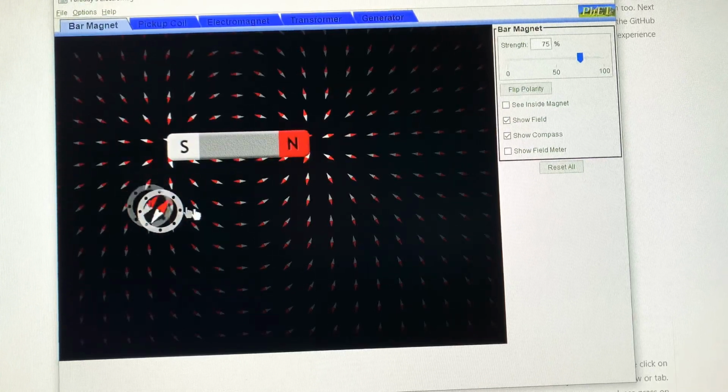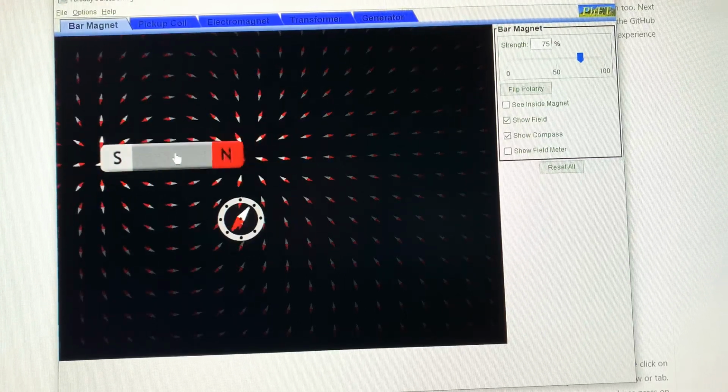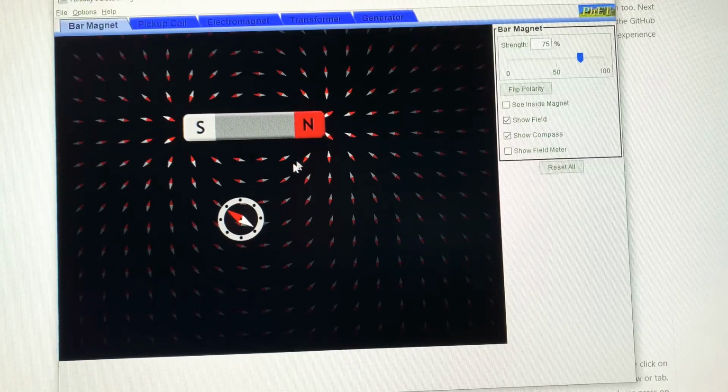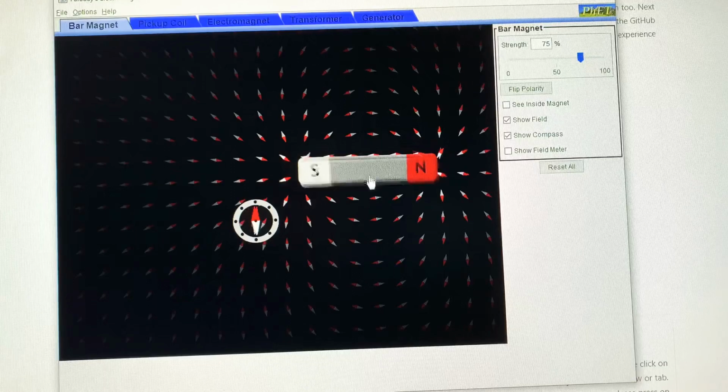So this right here is a compass, and a compass is all it is, another magnet that interacts with what we call the magnetic field, right? So that's question 2. Under bar magnet, what are all these little arrows called? See these arrows, they're oriented and they kind of look like the arrows in the compass. Well, you'll notice there's some interaction here, right?